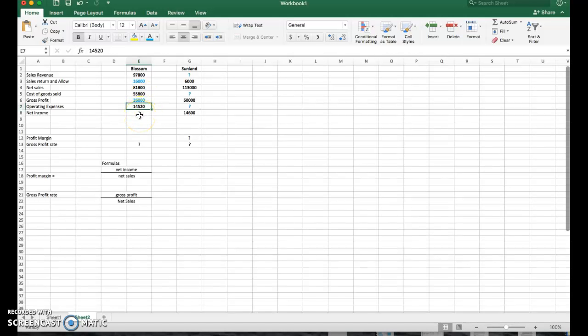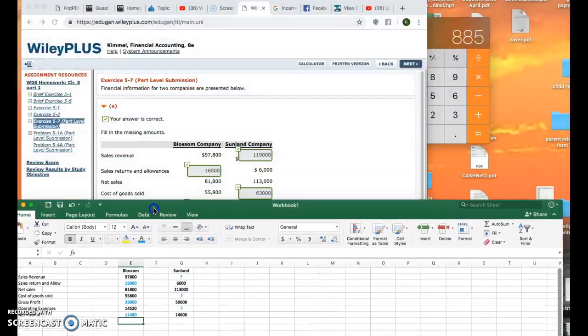And then we're going to want to figure out our net income, which is our gross profit minus our operating expenses. Let me just make sure those are correct.